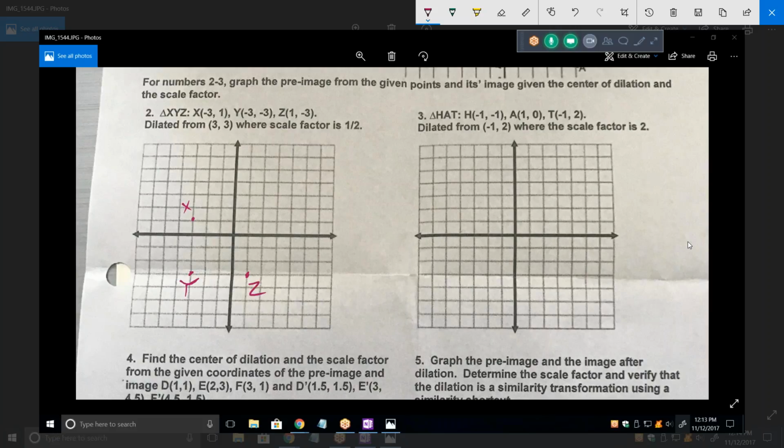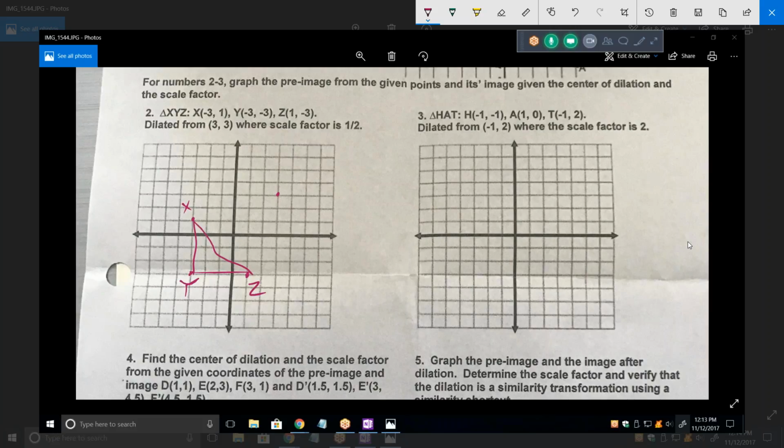So there's Z. So there's our triangle XYZ. Dilated from 3, 3, where the scale factor is 1/2. Well, there's 3, 3.